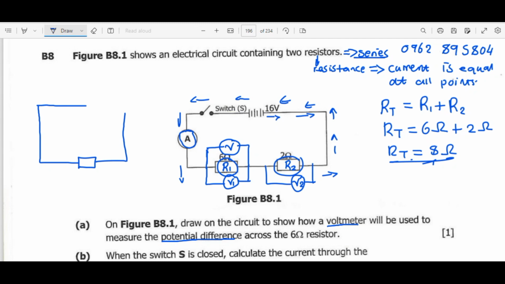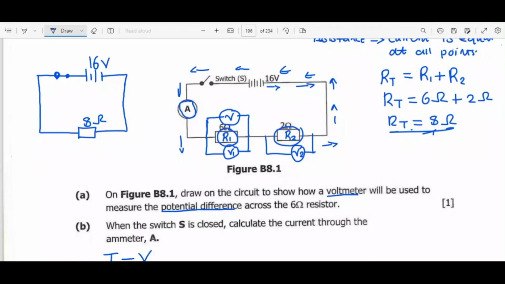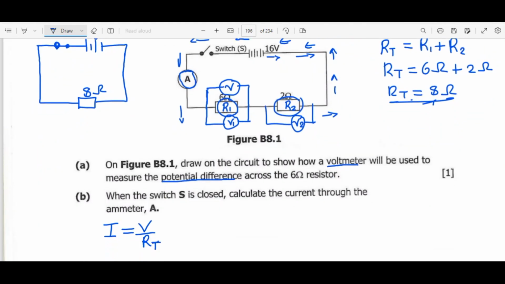So that's a view you should have after you found the total resistance. The voltage is 16 volts. Then our total resistance, if we combine the two, is 8 ohms, provided the switch is closed. If they say the switch is closed, it means the circuit is now on. Now what's our voltage?